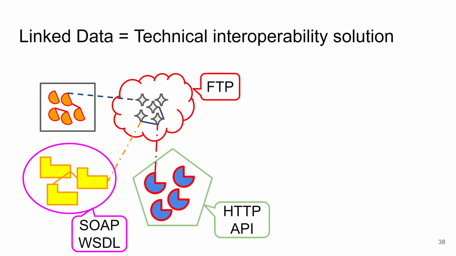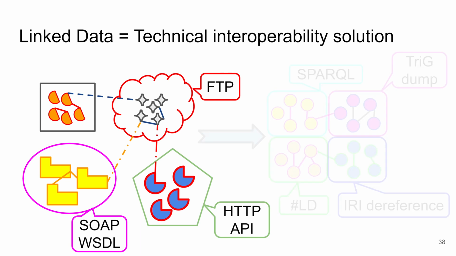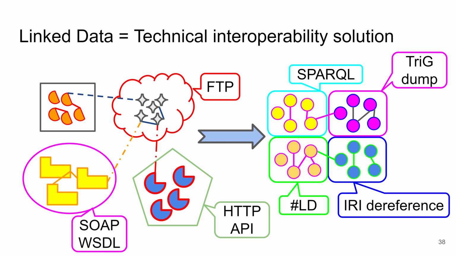This is how the web looked like before linked data. So we had data in various formats, accessible using various protocols and various rules. And by applying the linked data principles, we end up with something like this. So the data starts to look more the same.